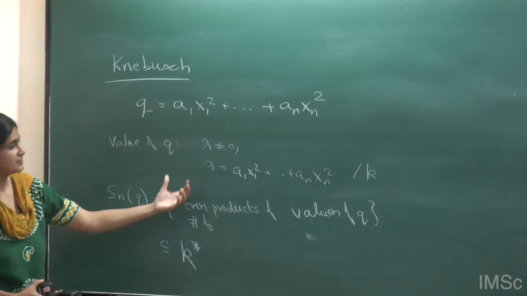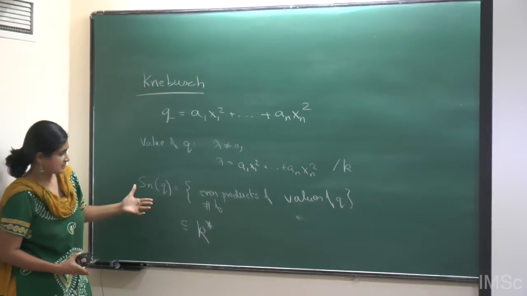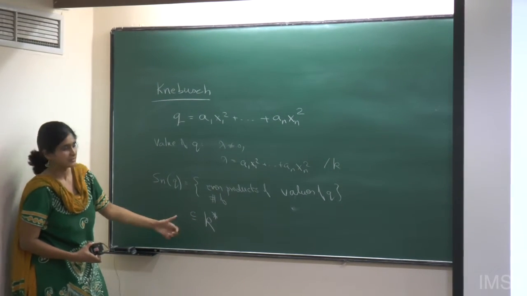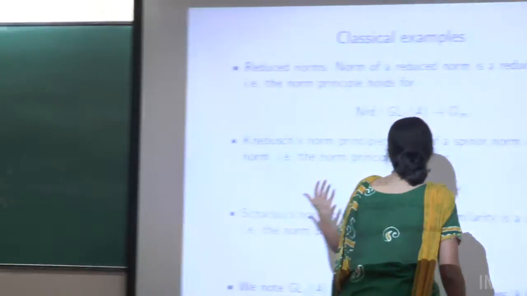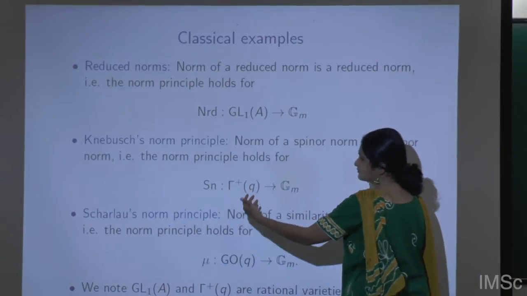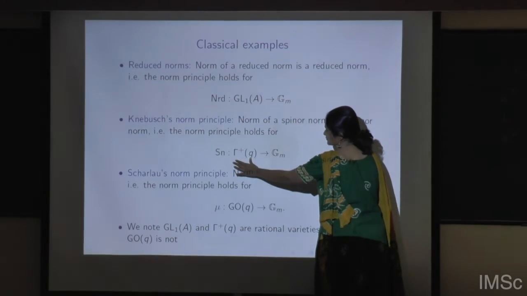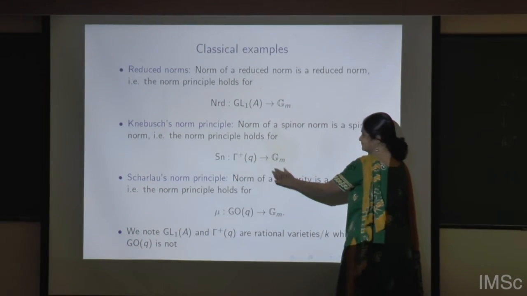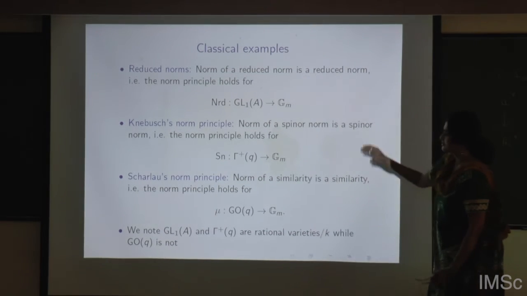Spinor norms are just an even number of them, and that is a subgroup of K star. You can classify it as the image of the map from this group, which is called the even Clifford group, to G_m. So the image of this map is precisely the spinor norms at every field extension level.